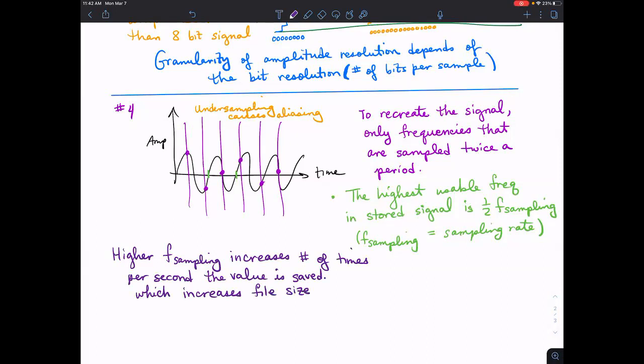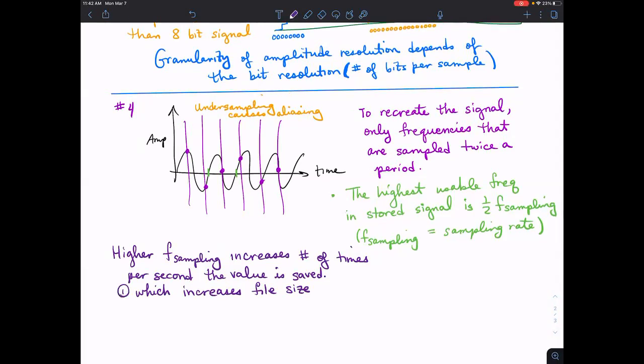So that's one result: it increases the file size.